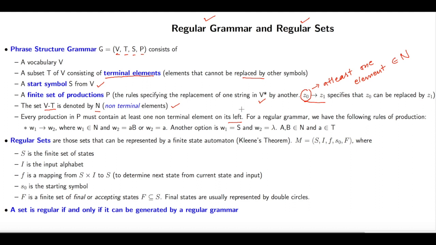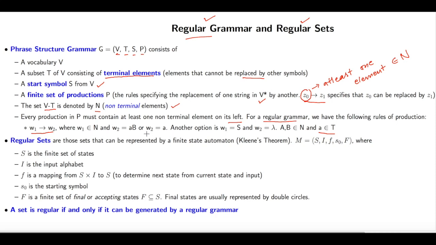Now, since we are talking about regular grammars here, for regular grammars we have the following rules of production. We have W1 replaced by W2, where W1 is a non-terminal element and W2 is a concatenation of a and B. Lowercase a is a terminal symbol, B is a non-terminal symbol, and W1 is a non-terminal symbol.